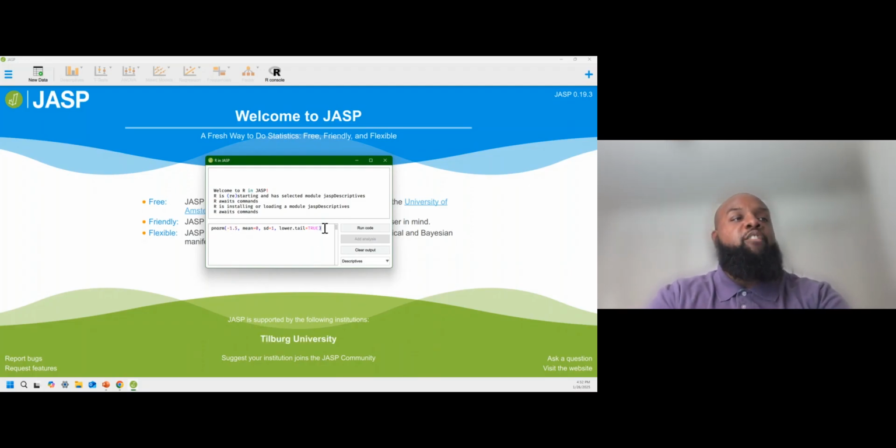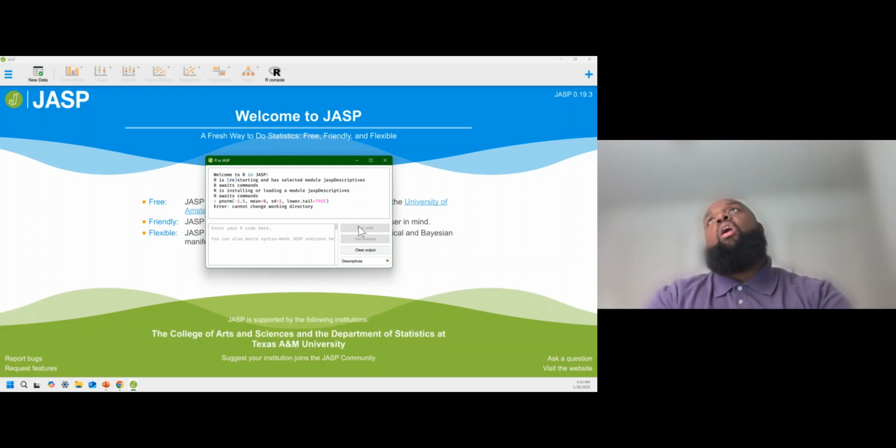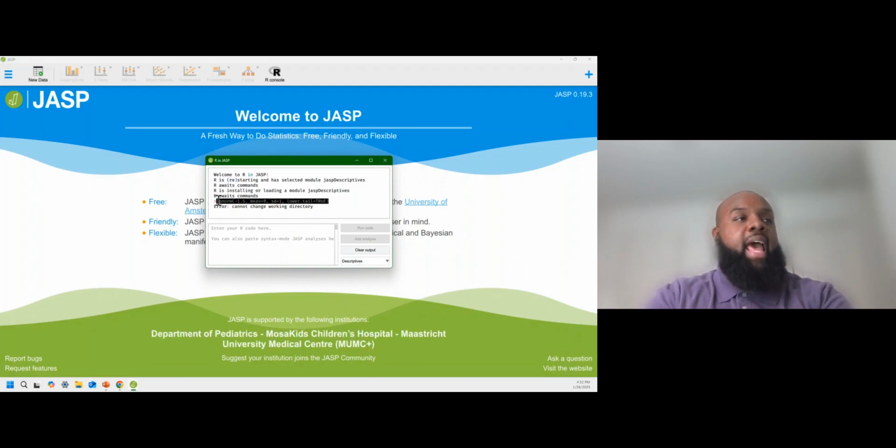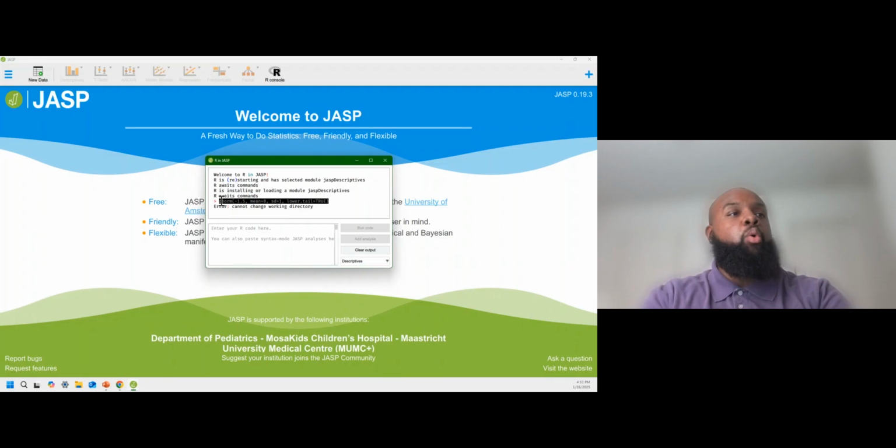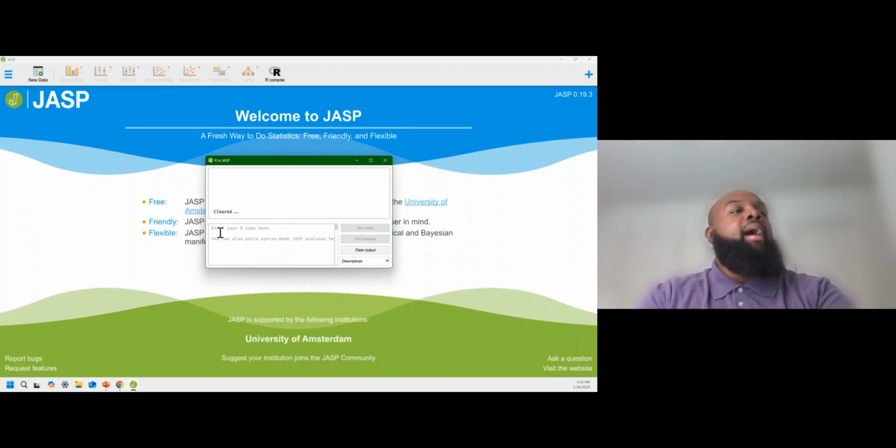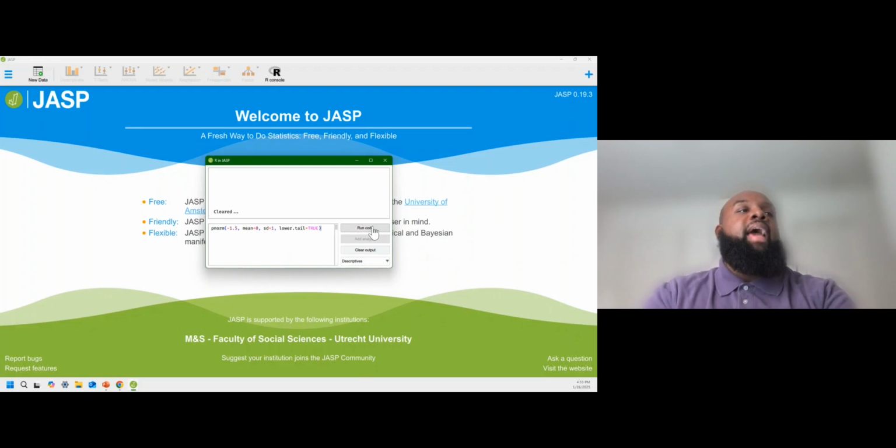Once I enter that information in, I'm going to click run code, and I have an error here. It says cannot change working directory. I'm not sure why this happens. I'm going to copy and paste my code here. But if I go to clear output, I'm going to paste that back and run code. It's actually going to work this time.